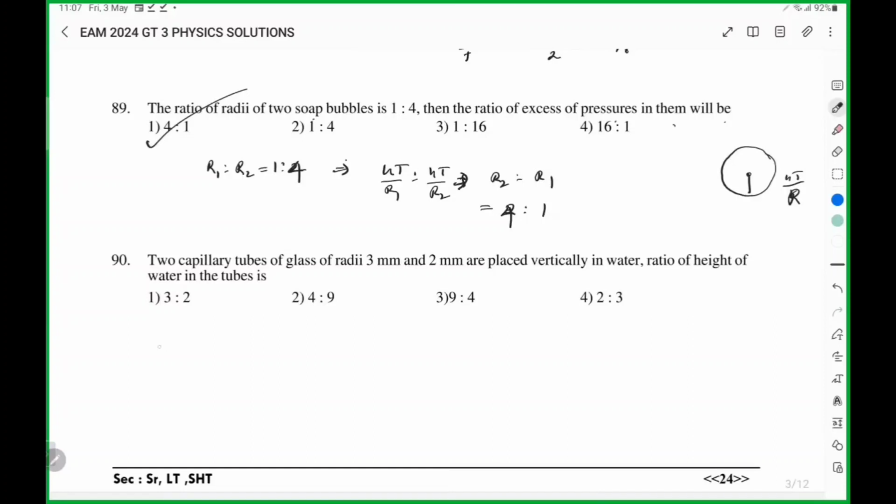A capillary tube is placed in water. Due to difference in pressures, water rises to a height.